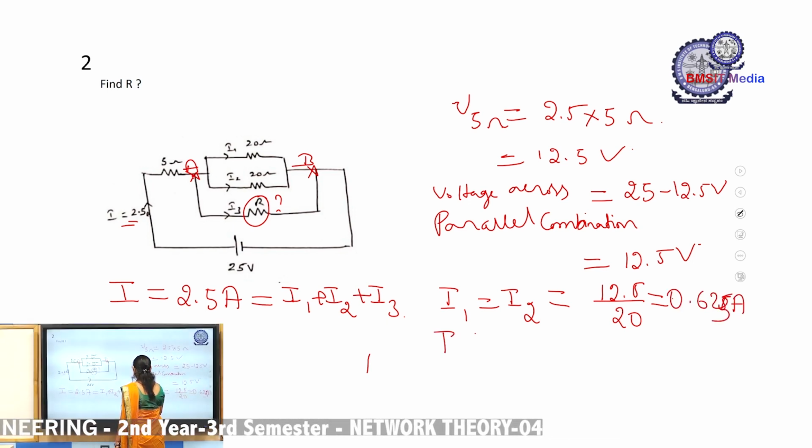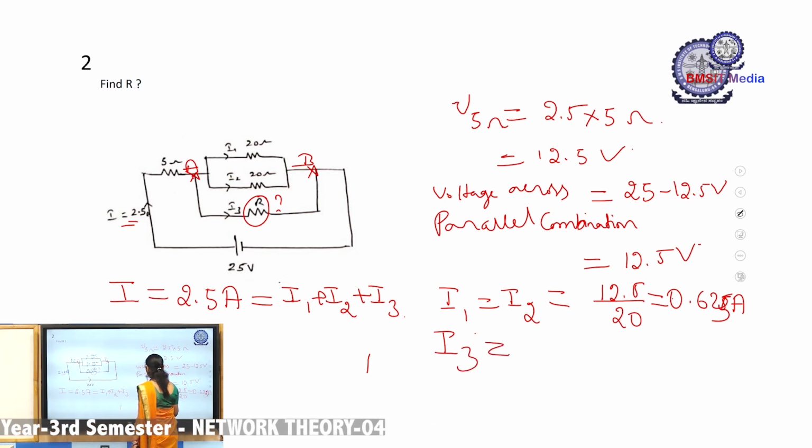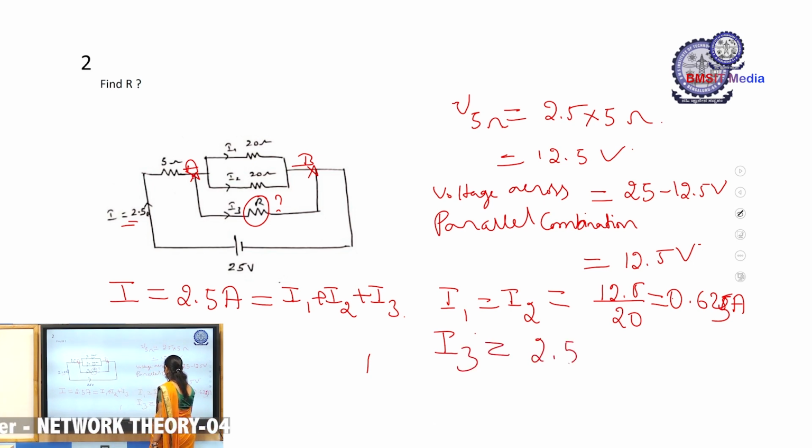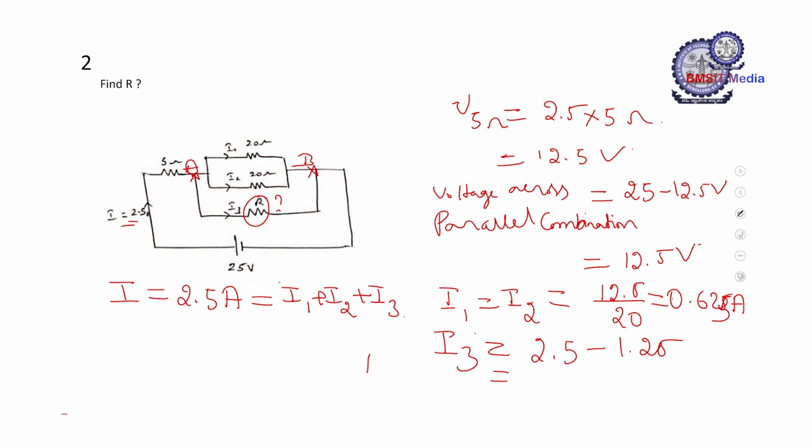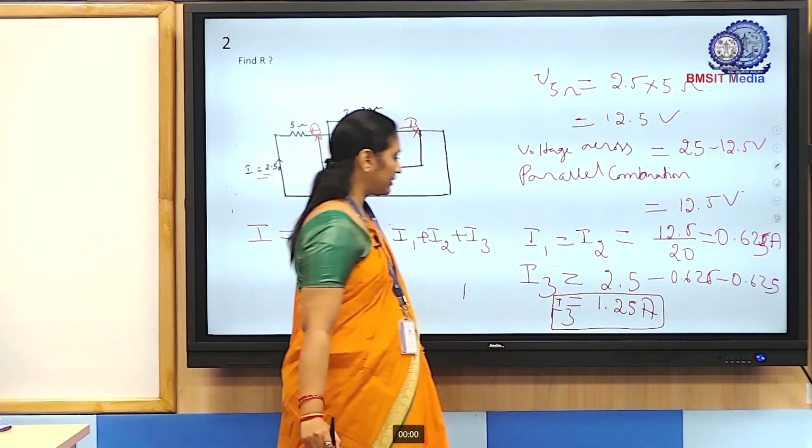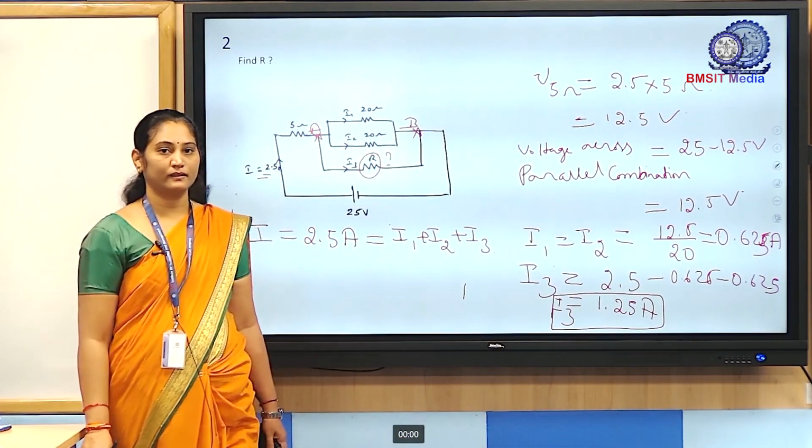So I3 is equal to 2.5 minus 1.25. So this is the value of I3.